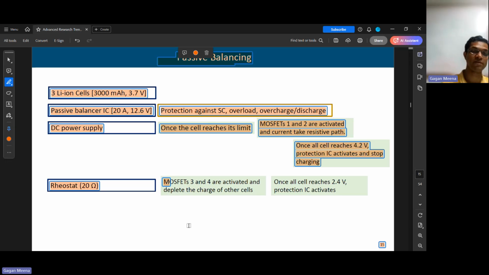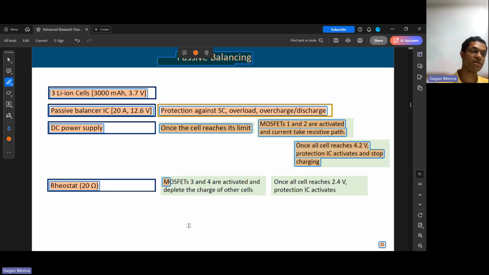With the DC power supply, while charging, once the cell reaches its limit, MOSFETs 1 and 2 are activated and current takes the resistive path.